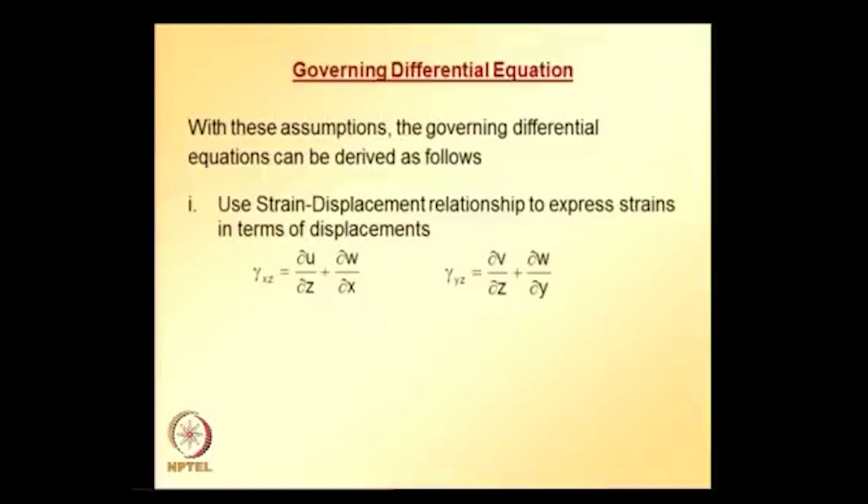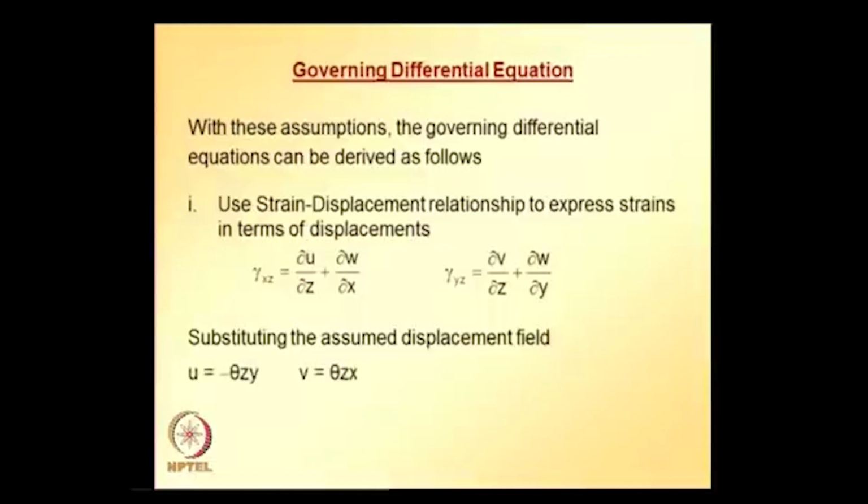Substituting the assumed displacement field, u is equal to minus theta z y, v is equal to theta z x, the previous strains can be expressed in terms of the angle of twist theta.